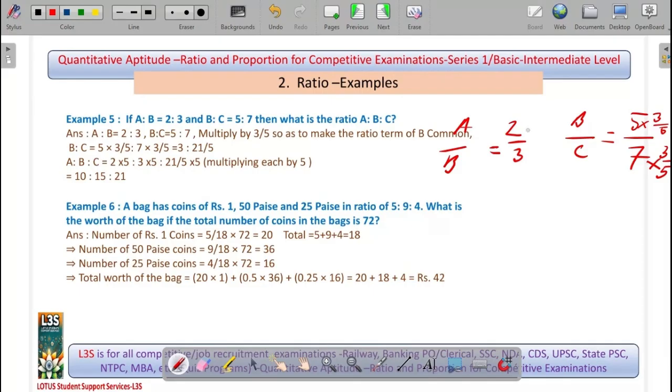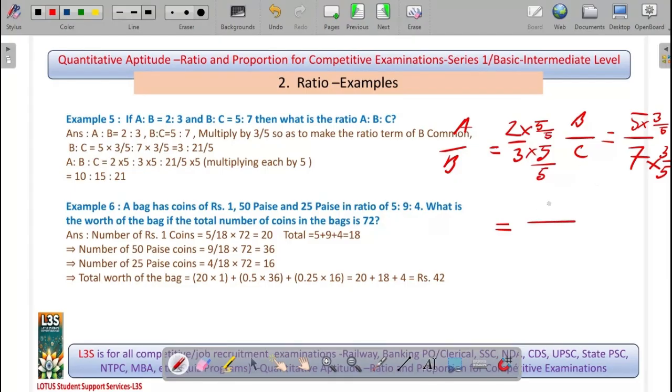Yeah, or we can write A as 2 into 5 and 3 into 5. Now, 5 by 5, so that all will have denominator 5.